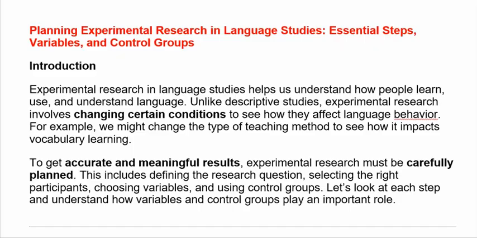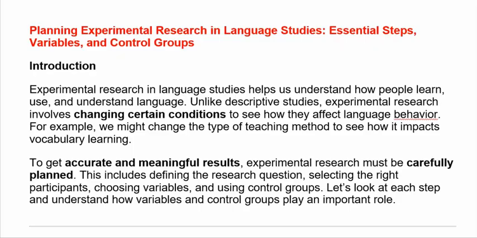Introduction. Experimental research in language studies helps us understand how people learn, use, and understand language. Unlike descriptive studies, experimental research involves changing certain conditions to see how they affect language behavior. For example, we might change the type of teaching method to see how it impacts vocabulary learning.